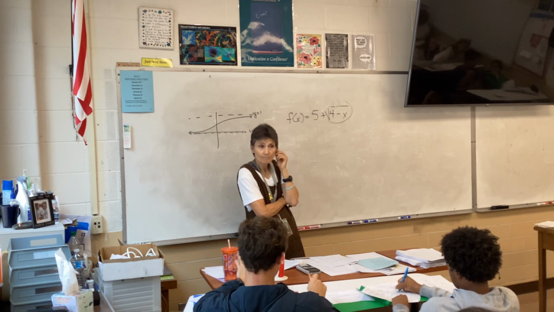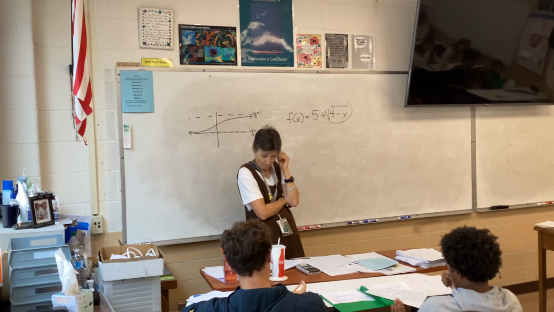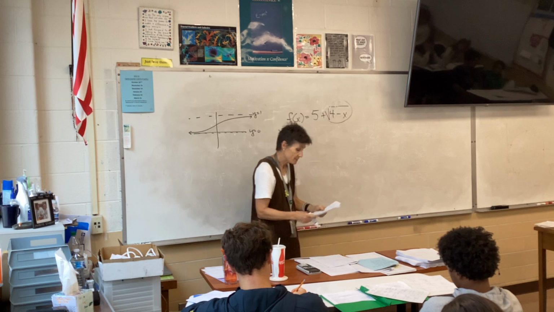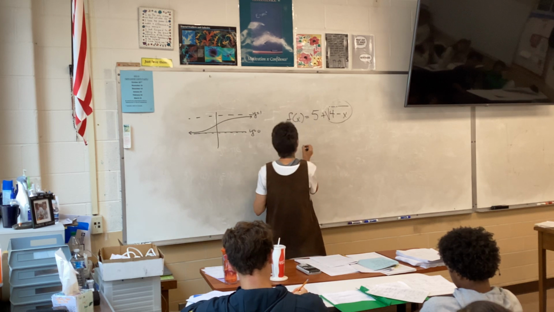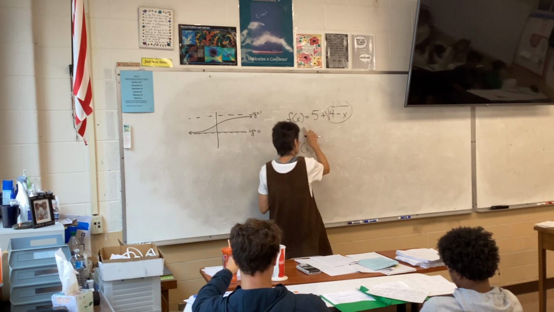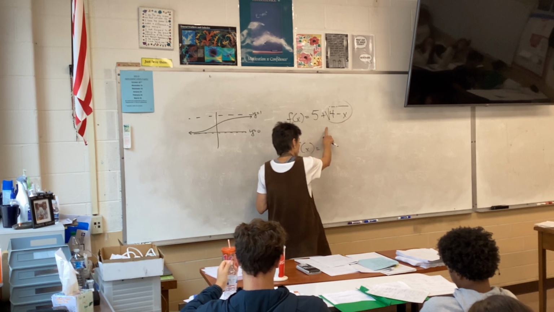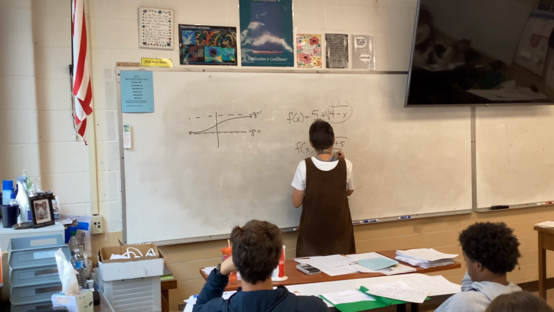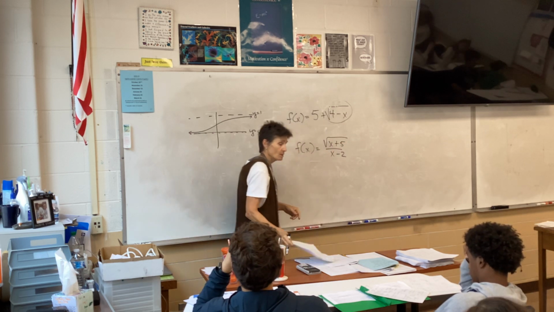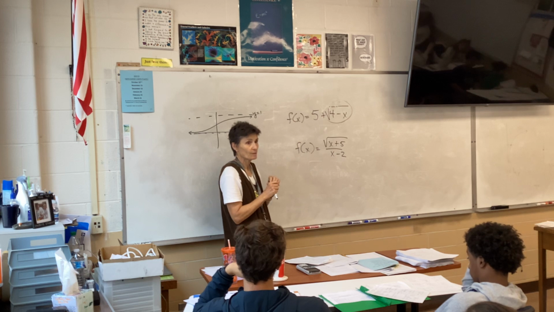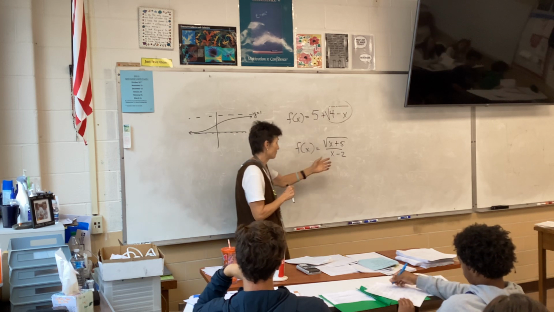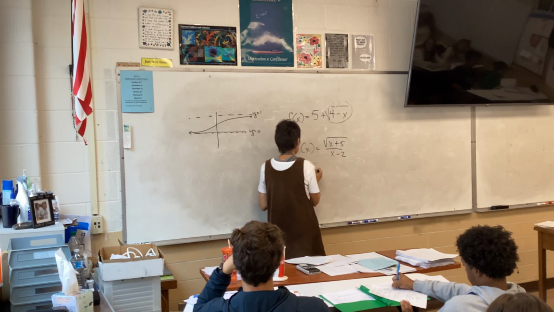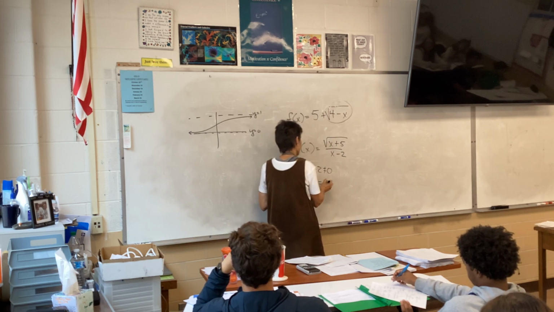For 1.2, how do you do 2D? 2D. This now is a domain question. Marin's was a range question. So we're looking at y's. Now we're looking at x's. So remember, where domain is concerned, we really have to watch out for denominators and radicals. So x minus 2 can't be 0, so x can't be 2.